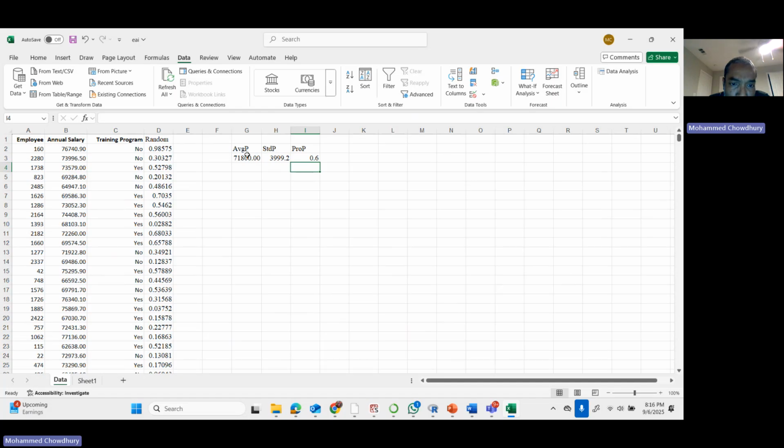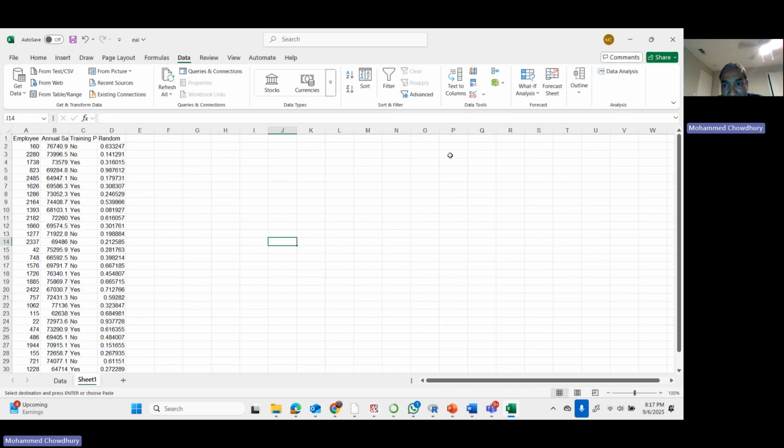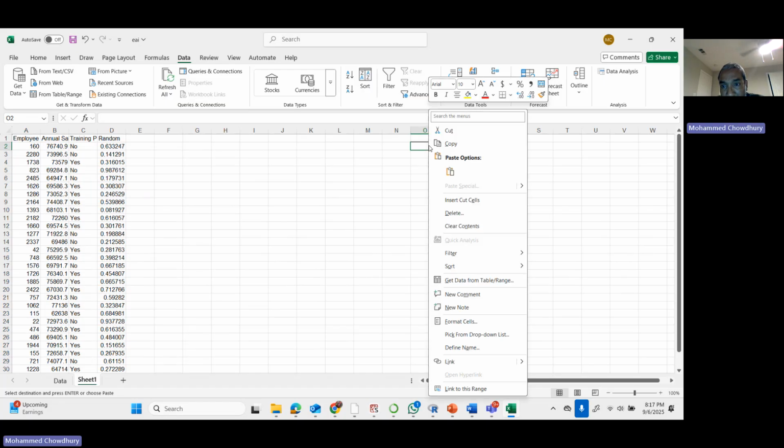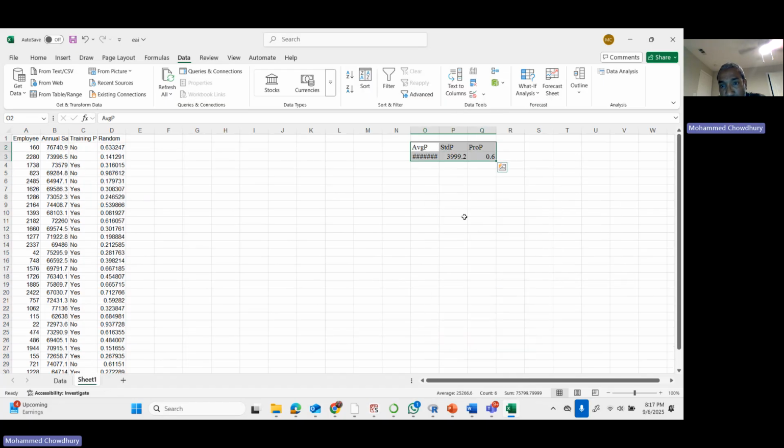This is the proportion coming from the population. I just copy these and paste them in the sample section here. So this is the population part.